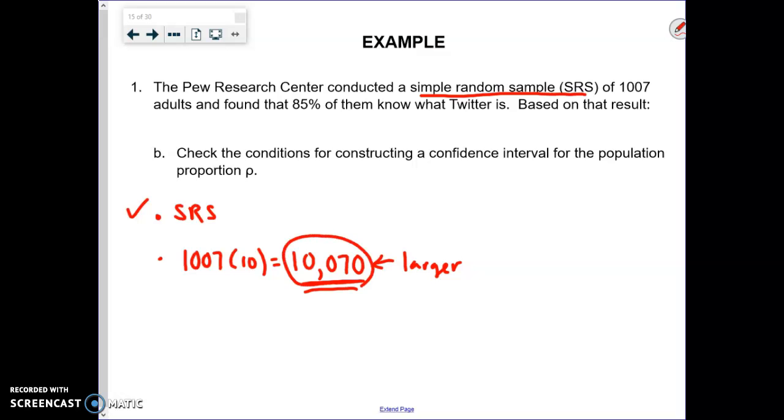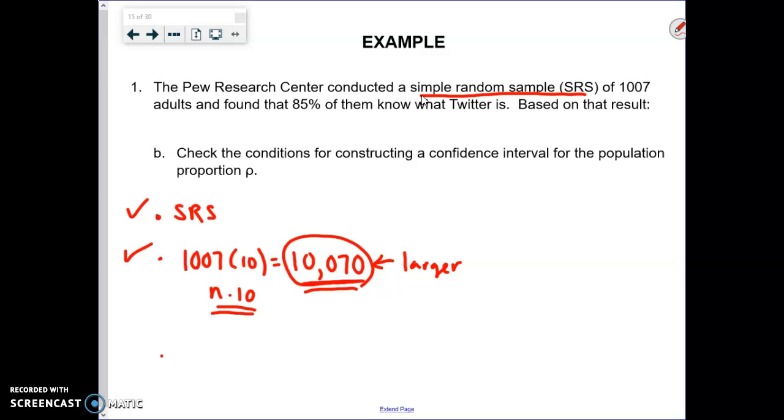As long as the population is larger than 10,070, our 1,007 adults will be less than 10% of the population, which allows us to assume independence and makes our calculations easier. So if you ever want to know what size the population needs to be for that 10% condition to apply, just take your sample size times 10. So that condition's met.